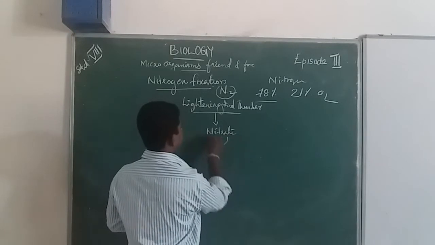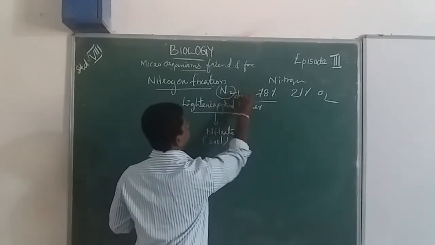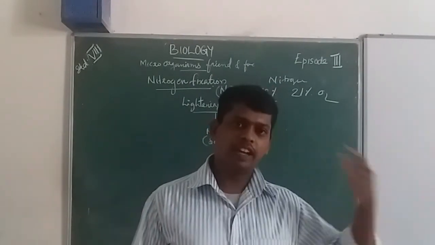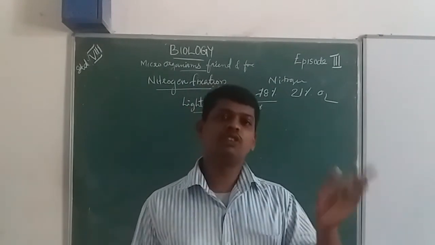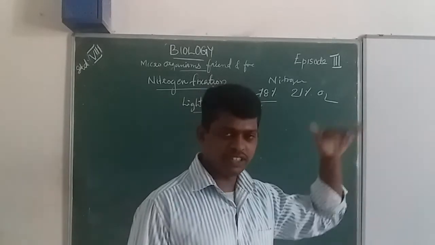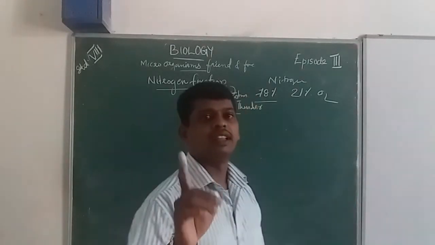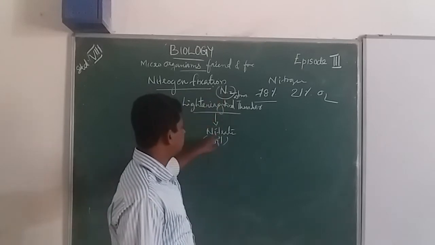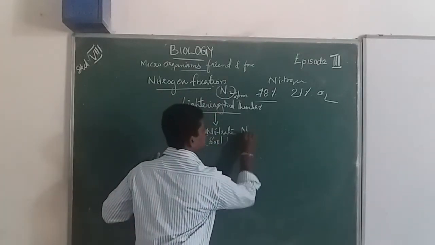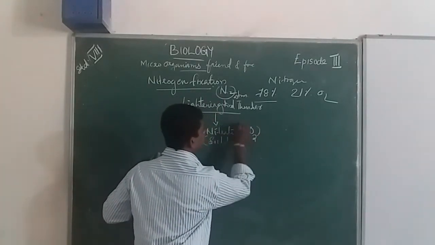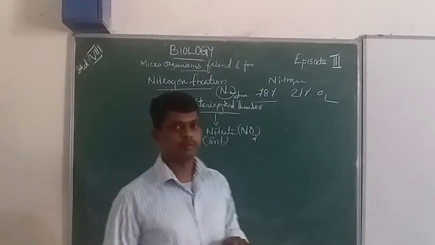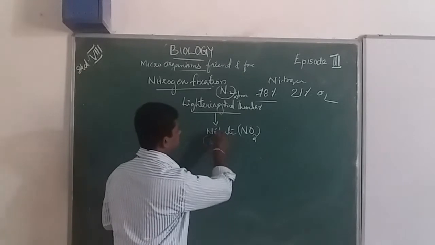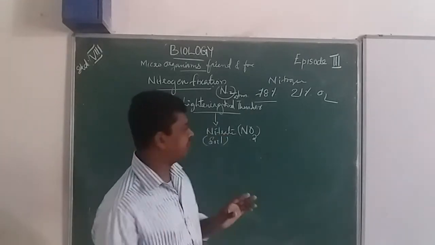It dissolves in rainwater and falls into the soil. So atmospheric nitrogen is converted into nitrate, that is NO2. This is the process of nitrogen fixing.